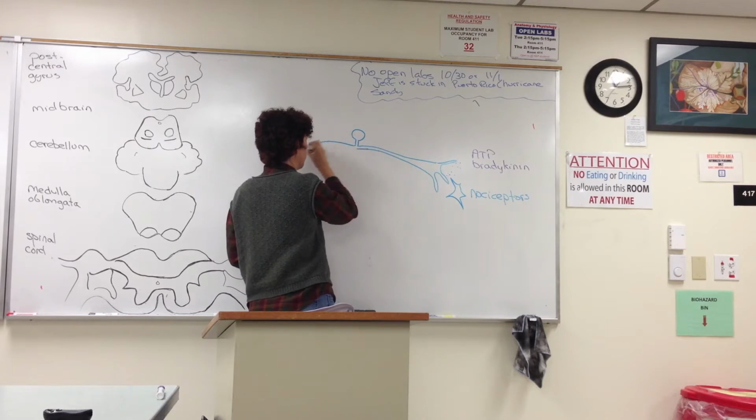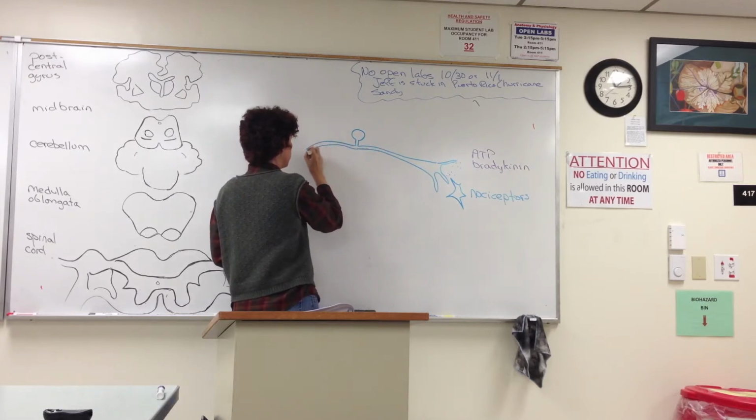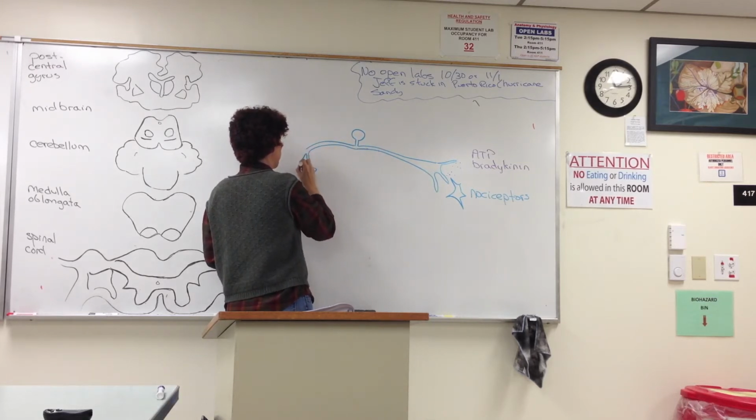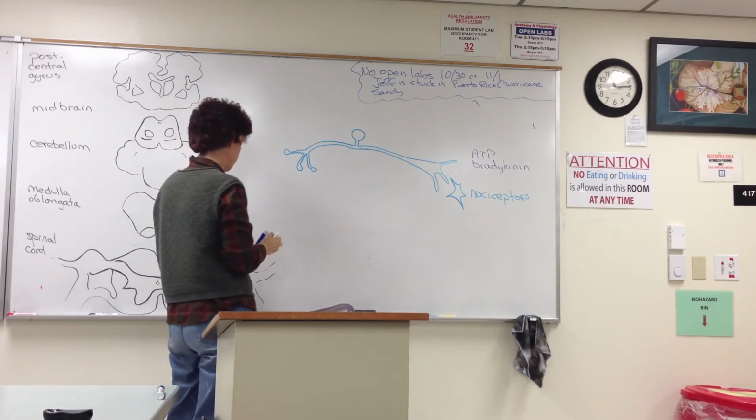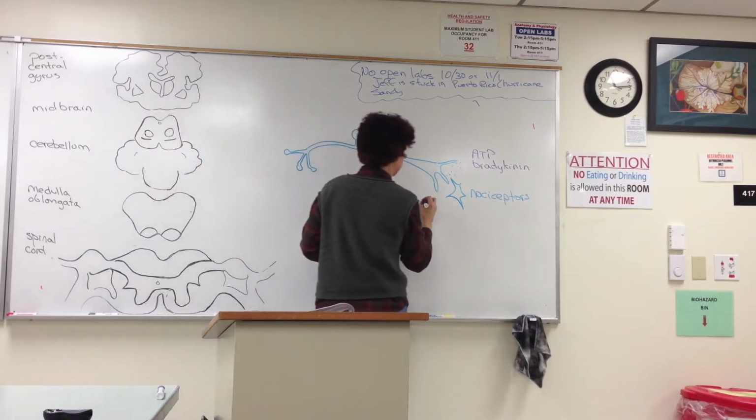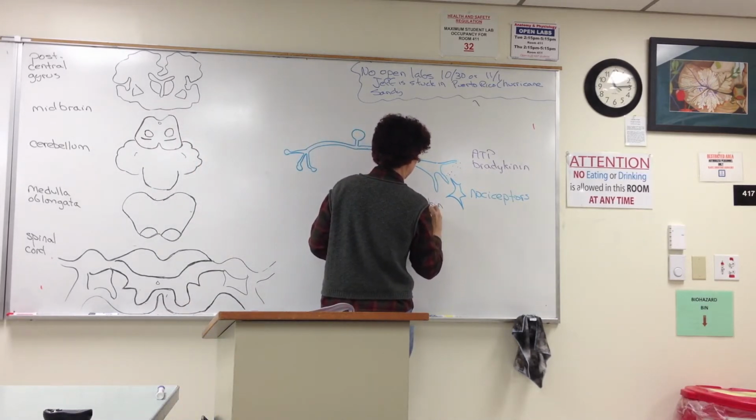through the pseudo-unipolar neuron into the posterior gray horn, because this is pain and temperature. All right, so this would be the posterior gray horn. This would be skin or viscera.